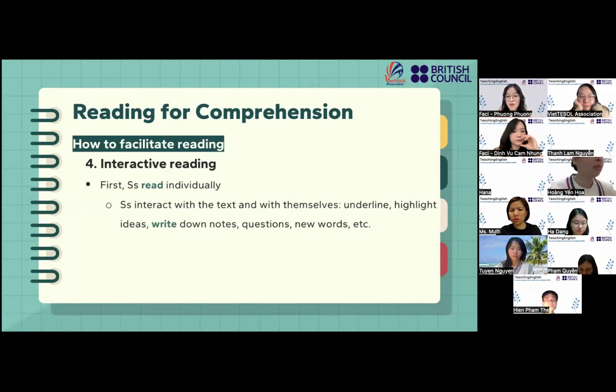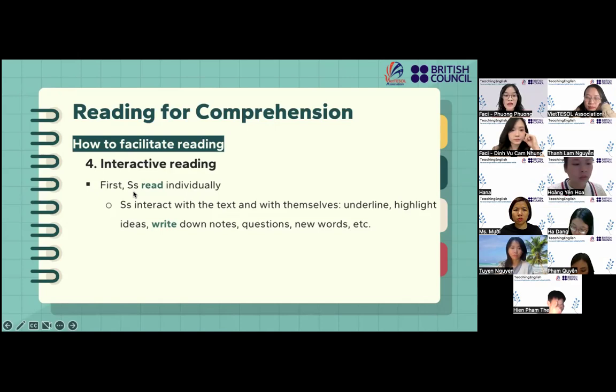While reading, the students should interact with the text by using maybe a highlighter or a pencil to highlight and underline the key points. The students can also write out notes, questions, make a list of new words, etc. Don't just let the students read, make them read and write at the same time. They have to think while they are reading, not just mindlessly browse the text.